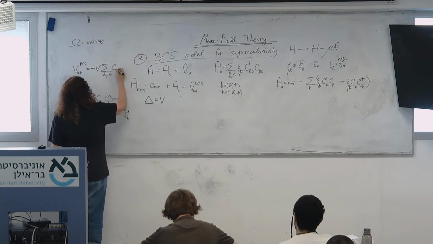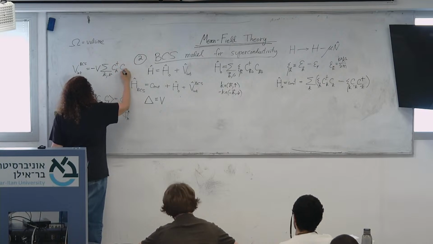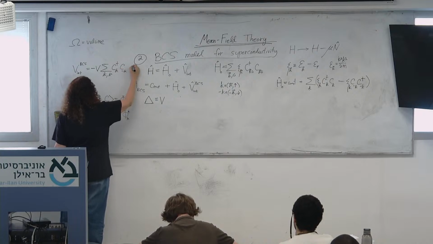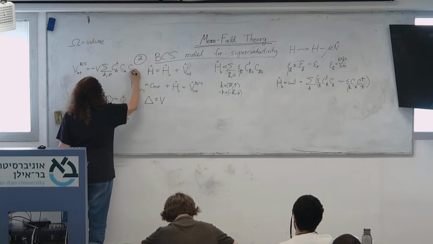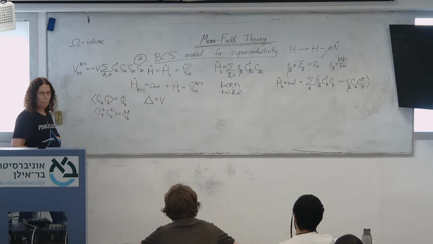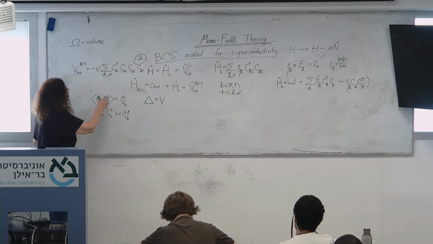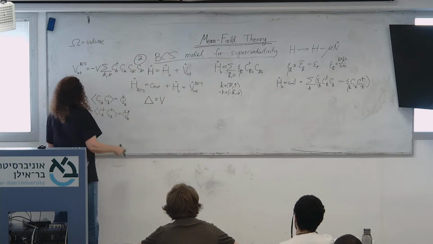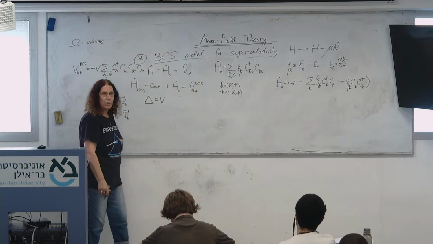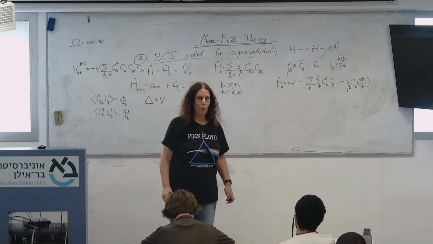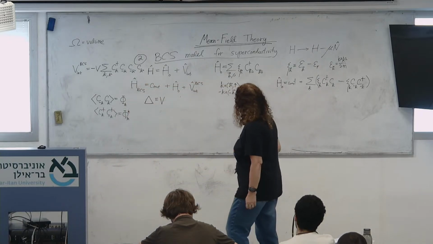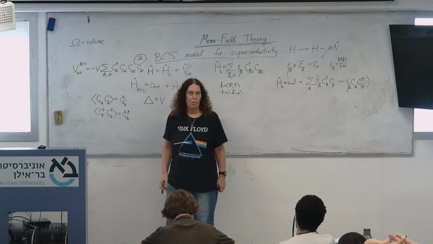And now I have something like that, k prime. Actually, I also have other things, but this is the term that I want to keep because it will give me something non-zero. Otherwise, all these expectation values will vanish.